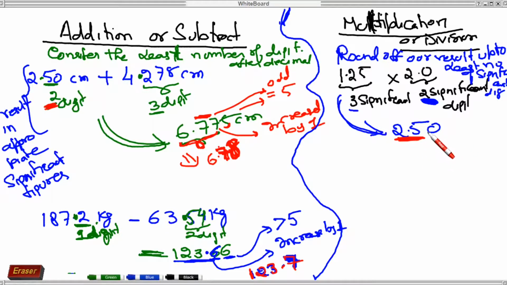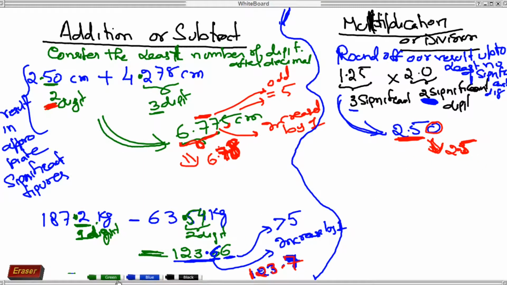When we apply the rule we discussed earlier in our previous video, we round this value and it comes out to be 2.5.